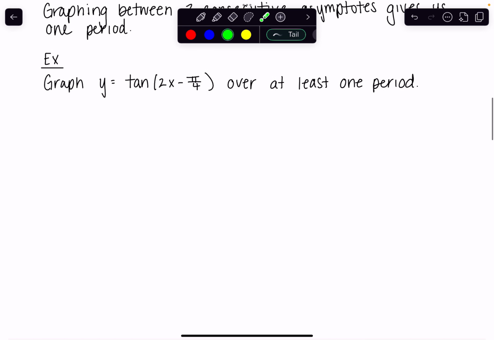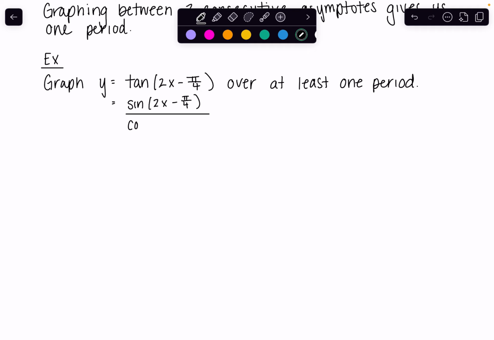So again, you can always break this down into its sine and cosine function to help things make sense. This is sine of 2x minus pi over 4 divided by cosine of 2x minus pi over 4. Okay. I want to graph between 2 consecutive vertical asymptotes.